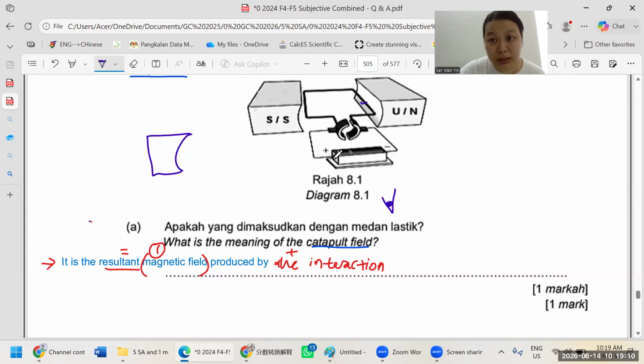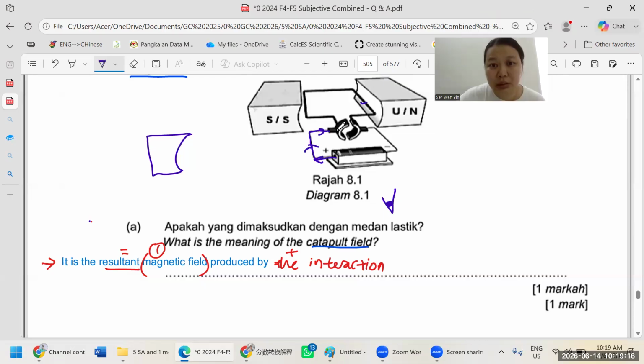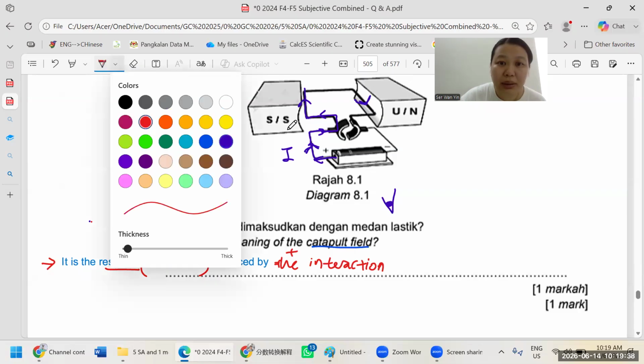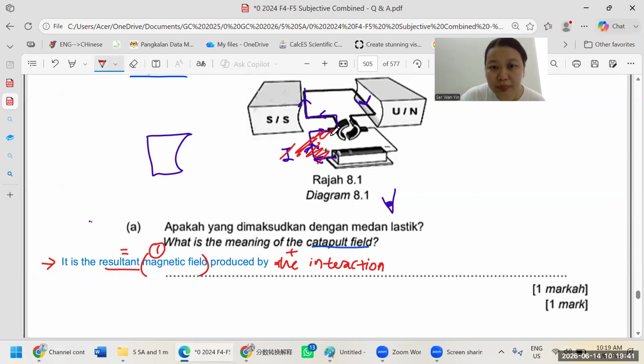Always check current direction. Current flows from here to here to here to here to here. We can see the current flows in many ways because of the wire, but we don't care about the other ways. Remember, we don't care here.